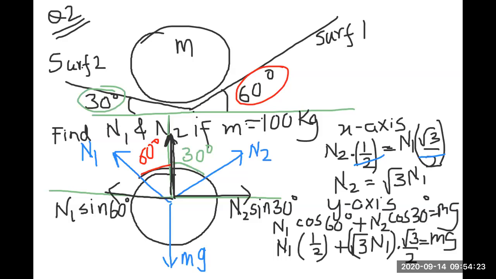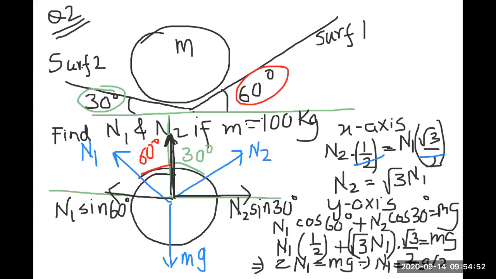So I can write this as, ये क्या हो जाएगा भाई, ये तो √3 into √3 यानी 3 हो जाएगा, n1 by 2 plus 3n1 by 2. That should be equal to mg, so 2n1 is equal to mg. n1 is equal to mg by 2.